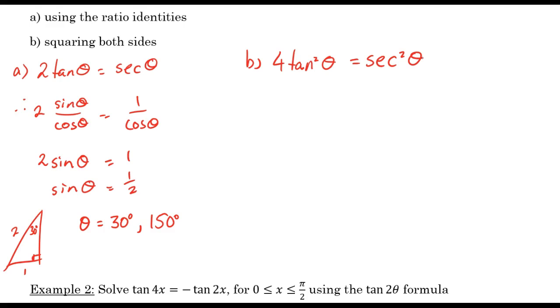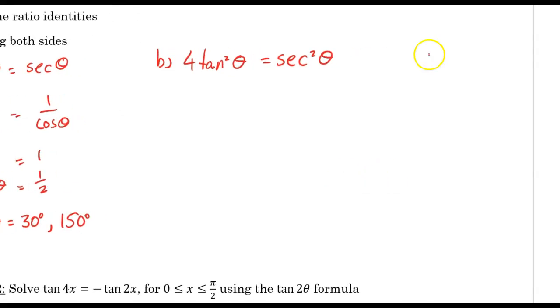Just a little aside here, if I remember that sine squared theta plus cos squared theta equals 1, if I divide everything by cos squared, sine squared over cos squared is tan squared theta, cos squared over cos squared is 1, so tan squared plus 1 equals sec squared theta, 1 over cos squared.